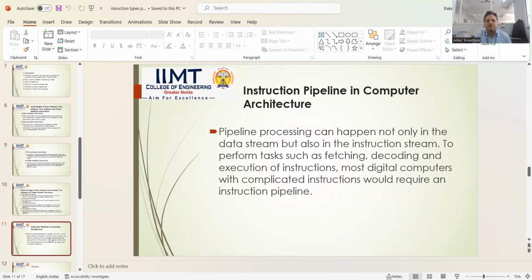So what are the tasks that need to be performed by the pipelining? That is fetching. I have told that fetching the instruction is done. Then decoding. Why are we decoding? We are giving some code to that instruction so that it can be easily executed from one place to another place. And execution. Execution is done after the decoding part.